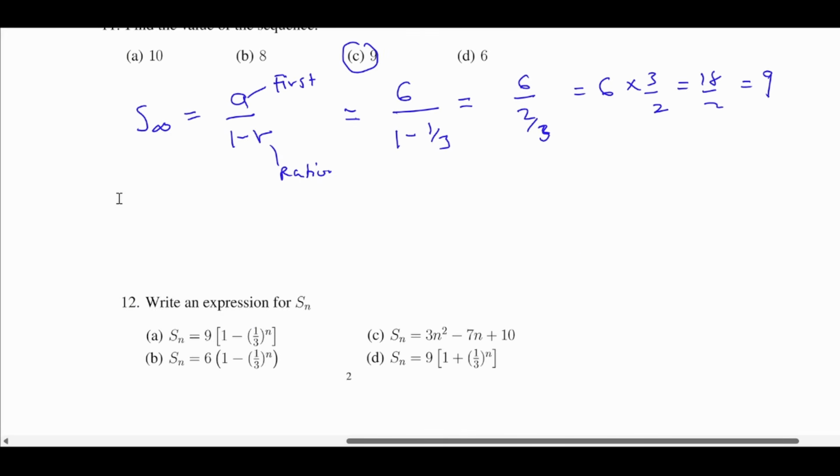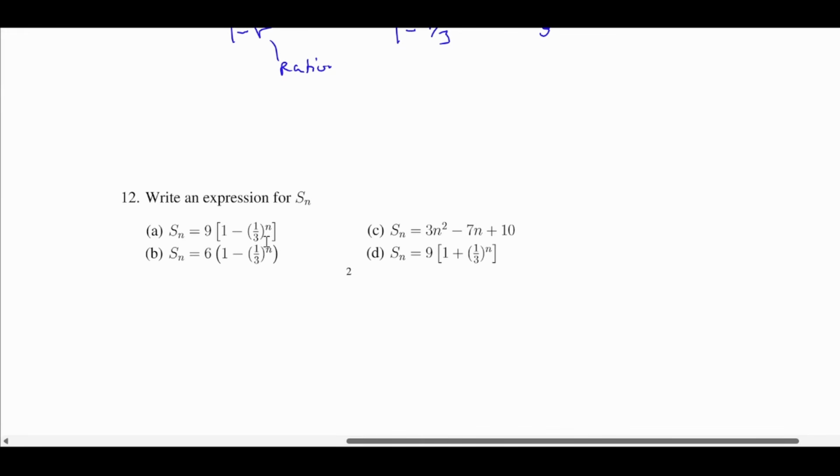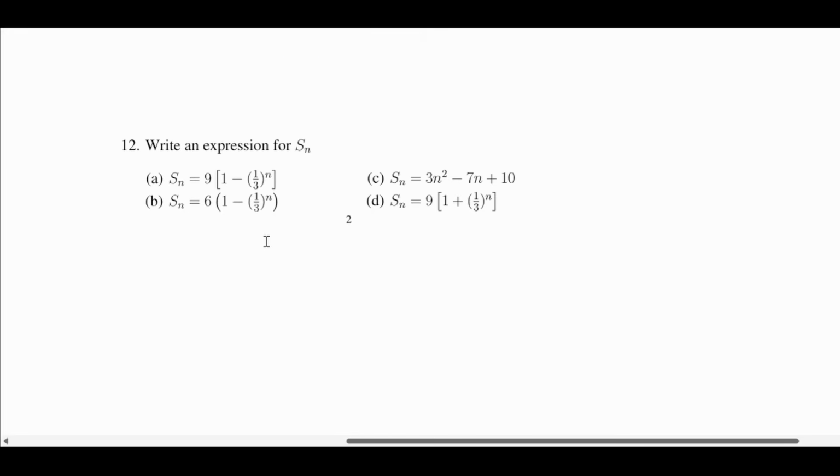Then we go to question 12. Okay, so question 12, it says write an expression of the sequence, the partial sum.